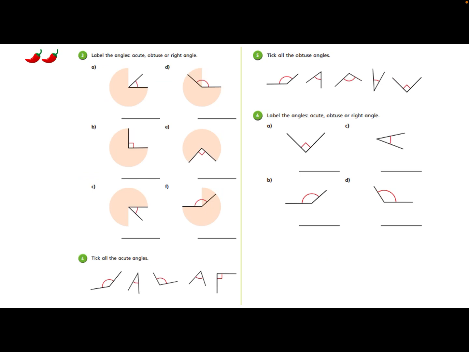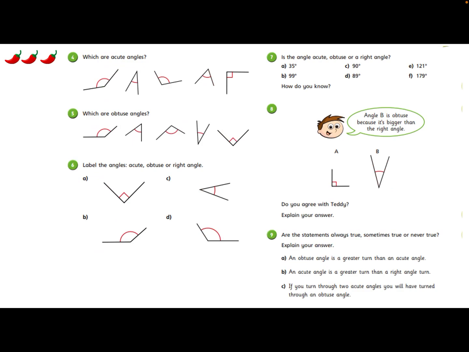Two chilies, have a go at all of these, estimate some of them, write down what you think they're called, and please give estimating a go. It's not our focus, so you don't have to, but it's a good way for me to see your thinking. And finally, three chilies. Again, we've got a little bit of a reasoning question down here as well. Give it your best shot, and I look forward to seeing your work.